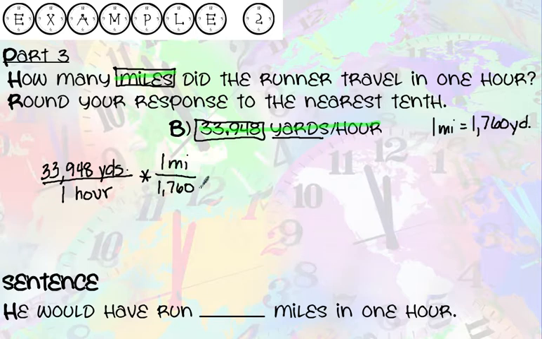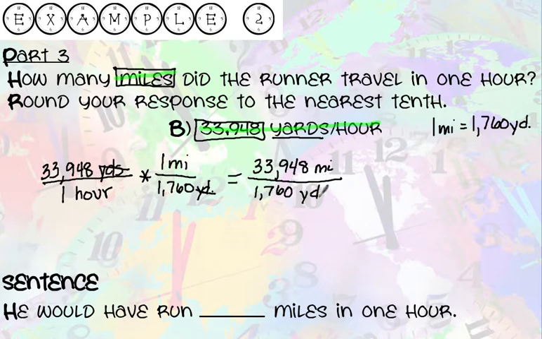Okay, so these labels cancel each other out, so we have yards and yards that cancel each other out. So if you look here, we end up with 33,948 miles on top over 1,760 yards.